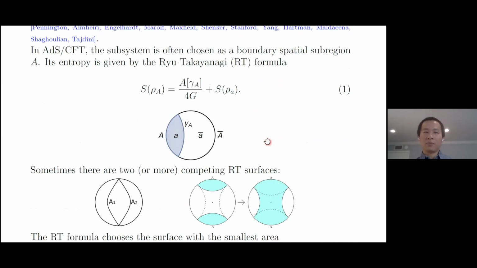And the important term is the first term on the right of the formula, which is the area of an RT surface, in general an extremal surface that is anchored at the boundary of the region A. And in this talk, we will not need the quantum correction, which is the second term on the right of this equation, which corresponds to quantum entropy in the bulk coming from the entanglement wedge, little a, in the bulk. So for this talk, we will focus on the leading term, which is of order 1/G.